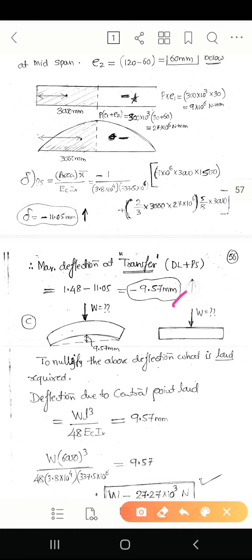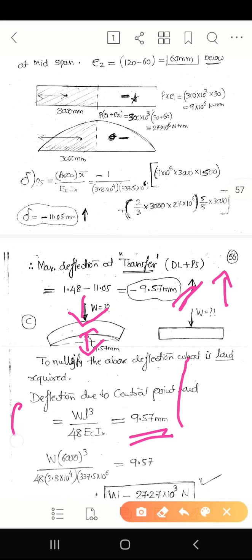That is the first thing is over. The second thing is we need to find out the live load or the centrally concentrated force for this deflection. So deflection is upward. So minus 9.57 I got, that is the upward deflection. So that's why I'll take for the live load as the downward deflection of 9.57.